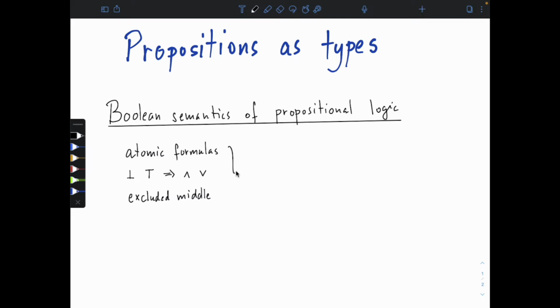And we said, okay, you can interpret this stuff in the Boolean algebra which has two truth values, which I could write 0 or 1, or I could use these two symbols, but these are the semantic values and these are just symbols.